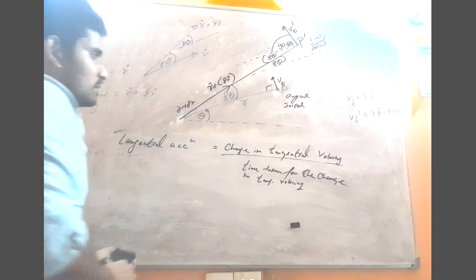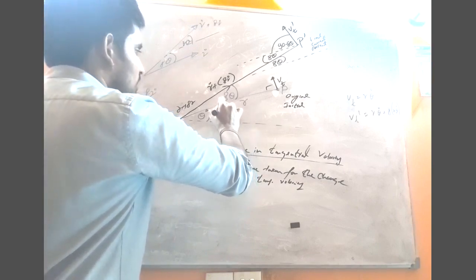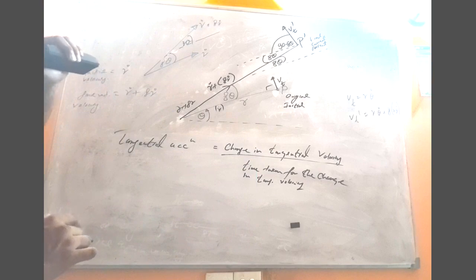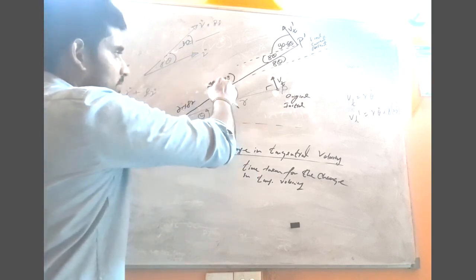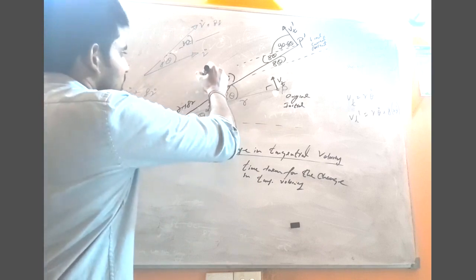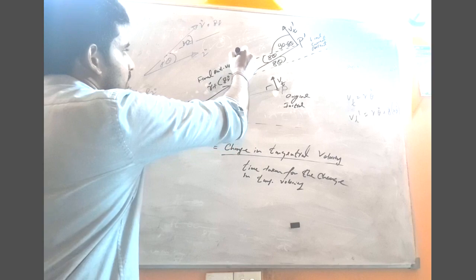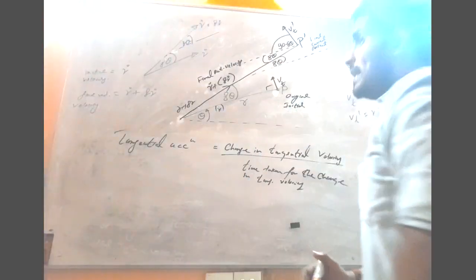So what is the initial radial velocity? R dot, initial radial velocity, r dot. What is the final radial velocity? It will be r dot plus delta r dot, or in other words let's call it final radial velocity, right? Okay, and what is the initial tangential velocity?